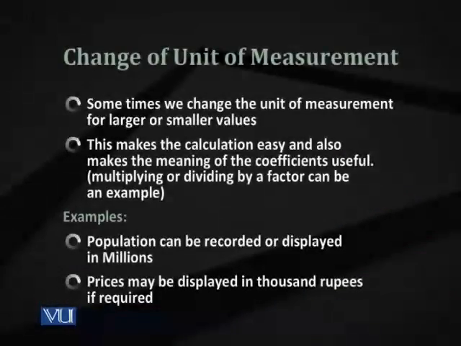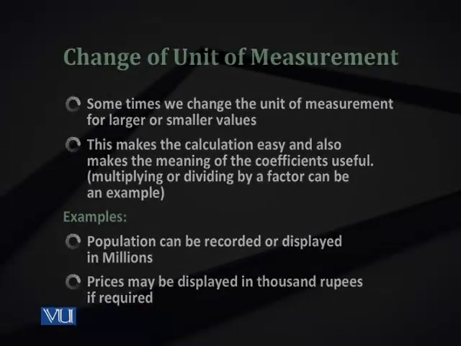Similarly, the values of GDP or gross domestic product are as well very large, so instead of using very large values, you can simplify by dividing by 1,000,000 and report the GDP in millions, or you may report the GDP in billions if, for example, you are speaking of the United States with a huge amount of gross domestic product.